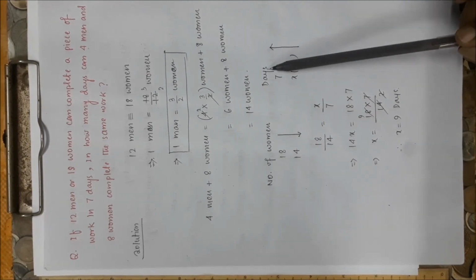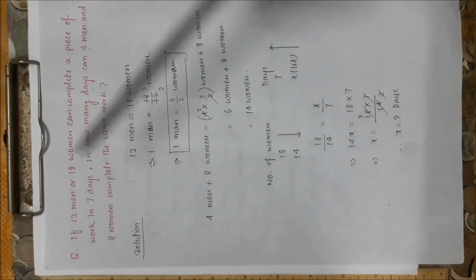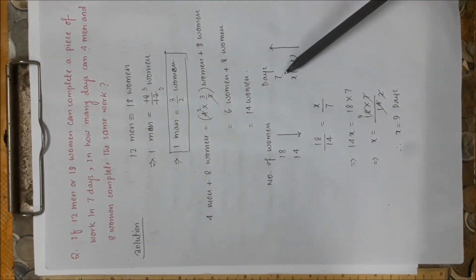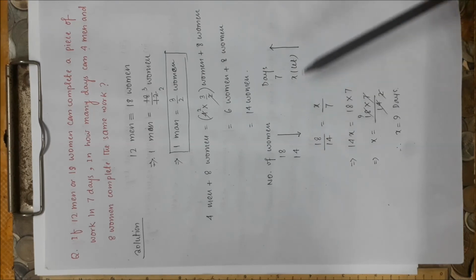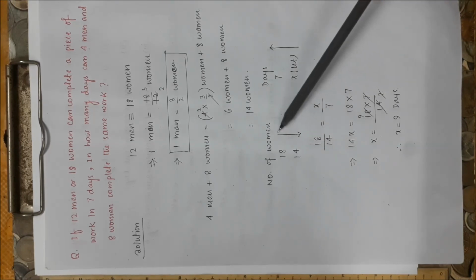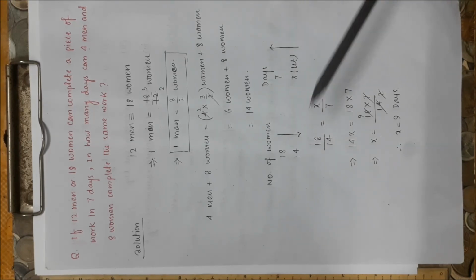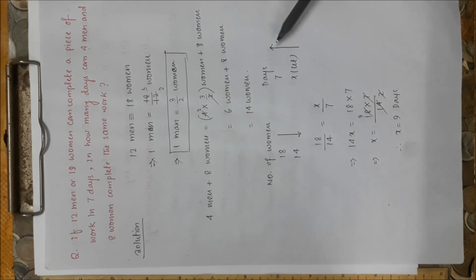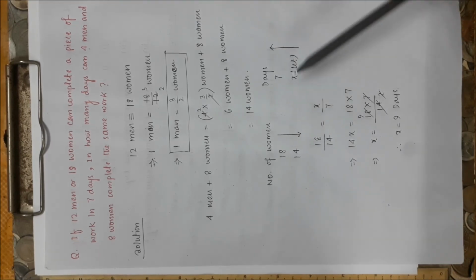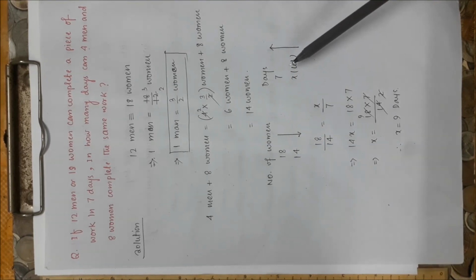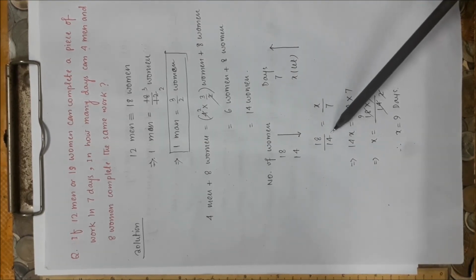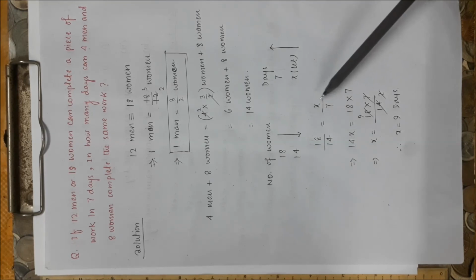So now number of women is given to you and days is given to you. So 18 women complete the task in 7 days. So 14 women need x days. Now we are decreasing the number of women. Obviously, the time taken to finish the work is going to increase. So this is a sum based on inverse variation. So 18 by 14 equals x by 7.